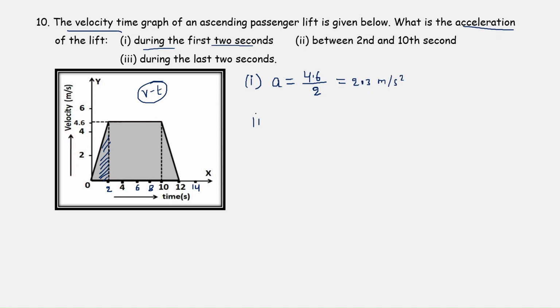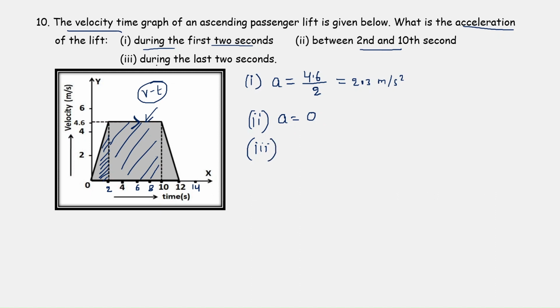Next, the second one, if you consider from 2nd second to 10th second. Here the velocity on the y-axis is not changing, so the change in y values is 0. y2 is also 4.6, y1 is also 4.6, so acceleration will be 0 in the second case.